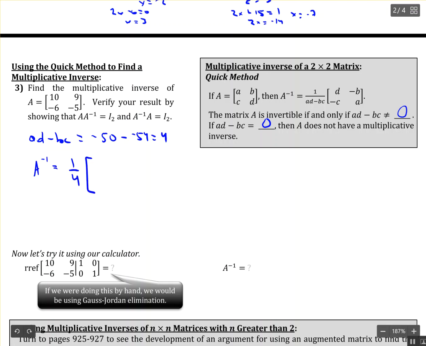And now I'm going to swap the 10 and the negative 5. I'm going to make the 9 and negative 6, I'm going to make them negative. So I end up with negative 5/4, negative 9/4, 3/2, and 5/2.